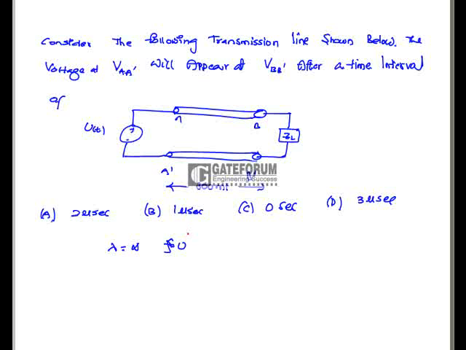If frequency is 0, the phase velocity is approximately equal to the velocity of light. So time is L by Vp, which is 300 divided by 3 into 10 power 8, that is 10 power minus 6 seconds, which is 1 microsecond. That is option B is correct.